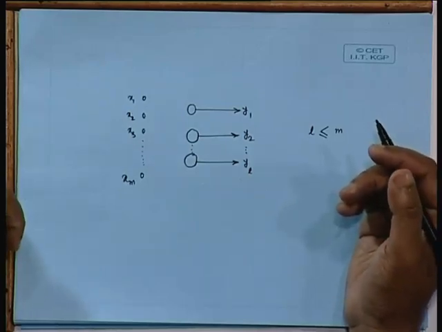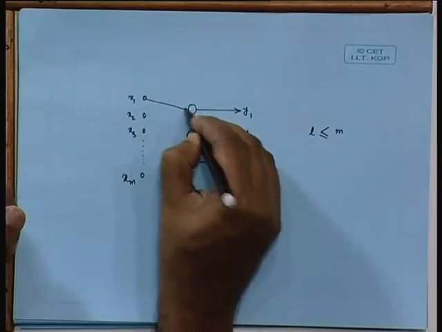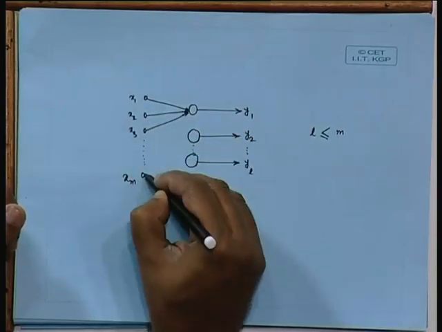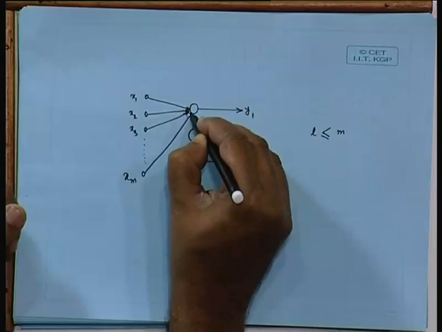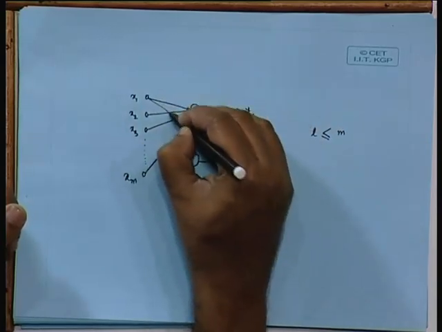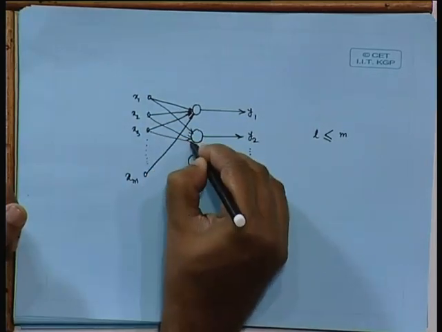So, now what we have to do is make the connection from this input layer to the output layer. It should be a fully interconnected type of network between the layers, so that we connect all these x inputs to each of these neurons. So, we will be having m connections like this. Again very similarly we will be having m connections for the second one.